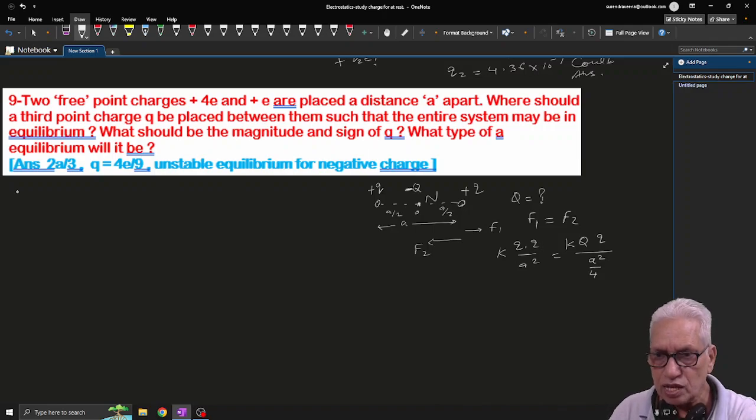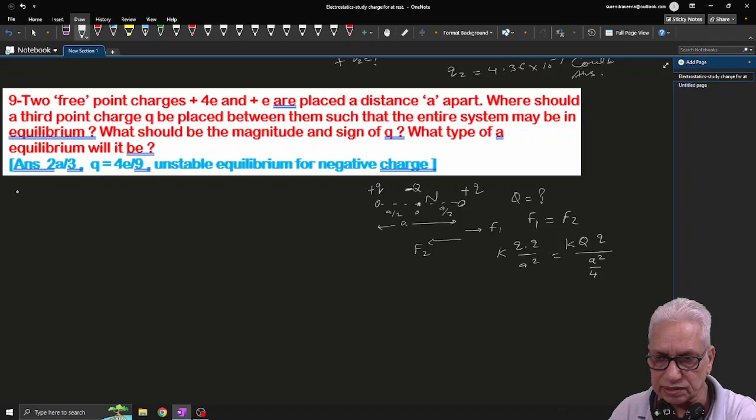The reason is that in force, although it is a vector quantity, the minus sign comes into the picture for the direction. So here, the formula is for the magnitude, we are taking the magnitude, so there is no question of the minus sign.